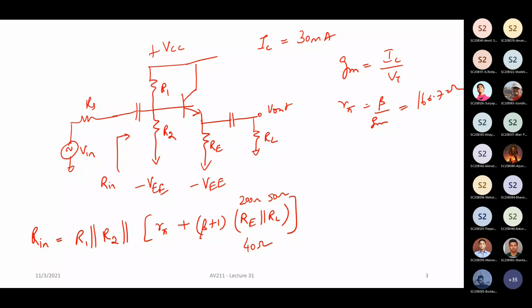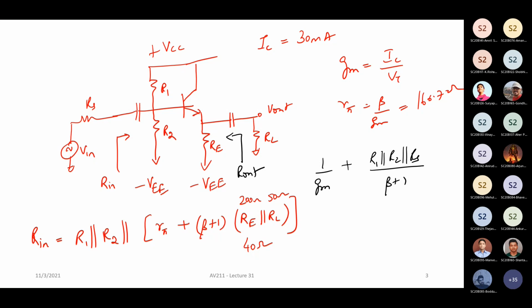Similarly, when you talk about the output impedance, I had marked it on the circuit also to avoid confusion. So basically, you will have 1 over GM in parallel with, I think it was, sorry, 1 by GM plus R1 parallel to R2 parallel to RS divided by beta plus 1.